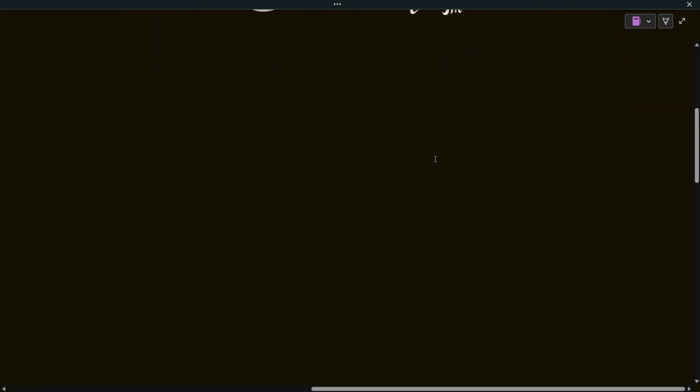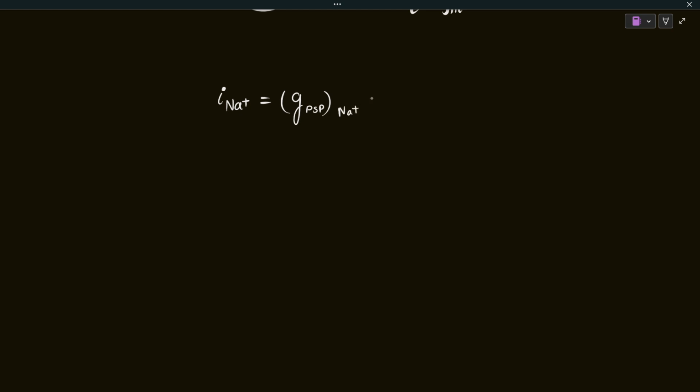Okay, let me explain it in a different way. Let's say that the current generated is only due to the sodium ions. That will be equal to the conductance of the postsynaptic membrane to the sodium ions, times the membrane potential minus the equilibrium potential of sodium ions.